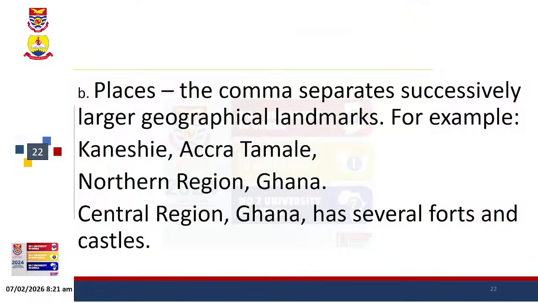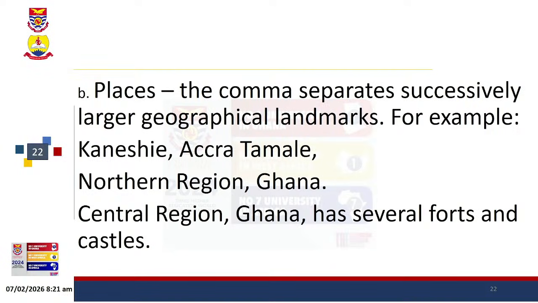Then we can use it in places. The comma separates successively larger geographical landmarks. Accra is in Ghana. Kaneshie is in Accra. You use the commas to separate these large successive geographical landmarks. So for example, Kaneshie, Accra, then Tamale, Northern Region, Ghana.